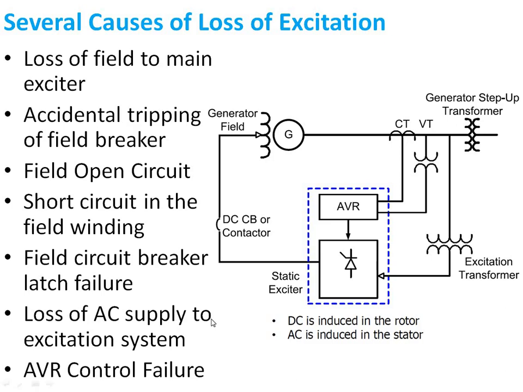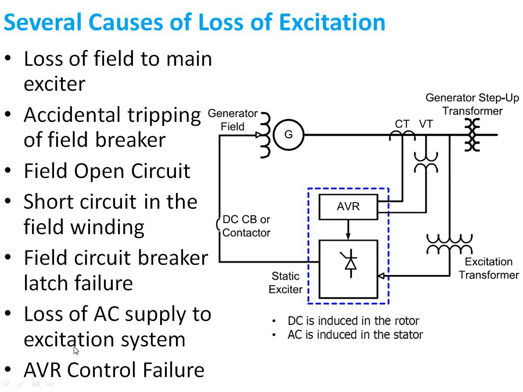Then loss of AC supply to the excitation system. Okay. From the generator output through this excitation transformer up to the input terminal of this controlled rectifier, there is a failure of this AC supply system.